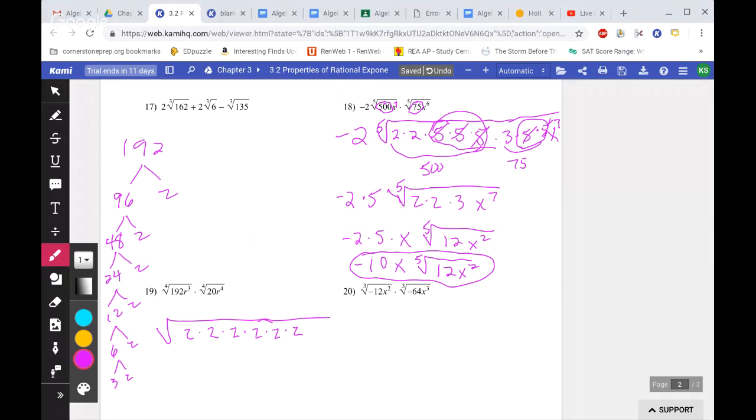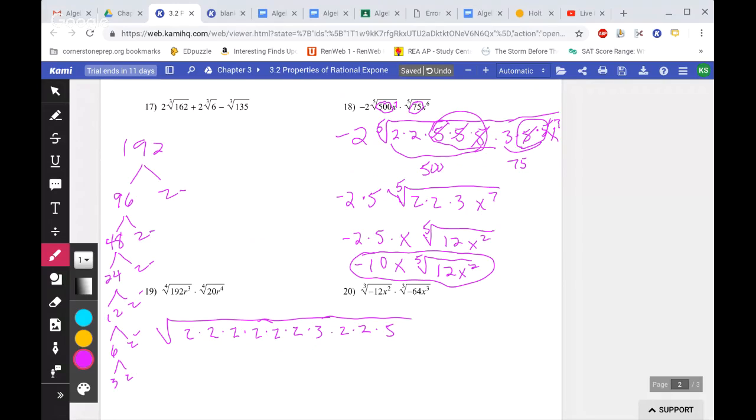Do you see where I get those? Yes. 1, 2, 3, 4, 5, 6. And then 20 is going to break down to be 2 twos and a 5.